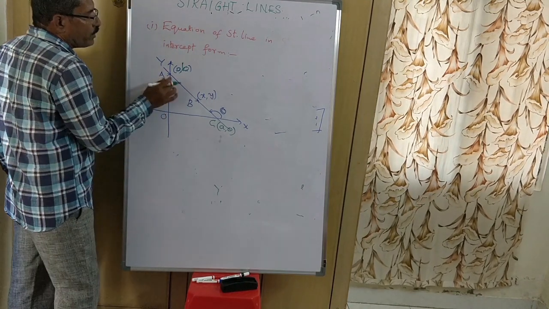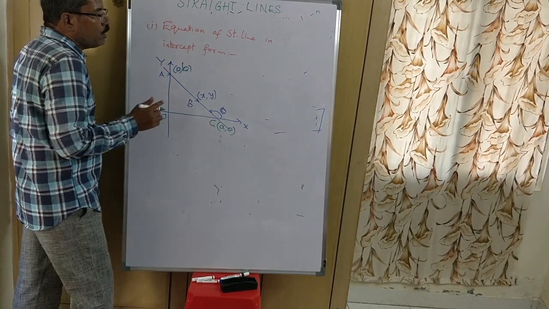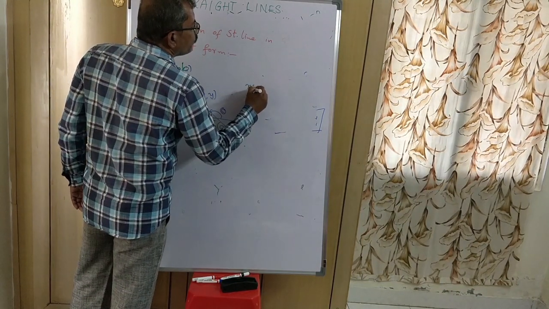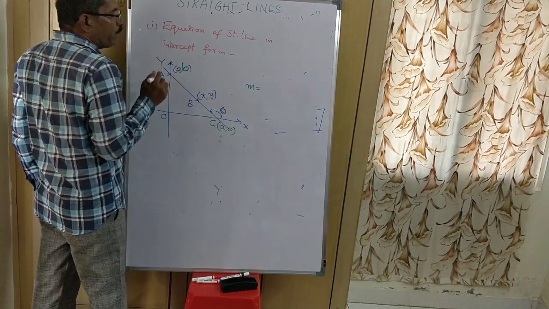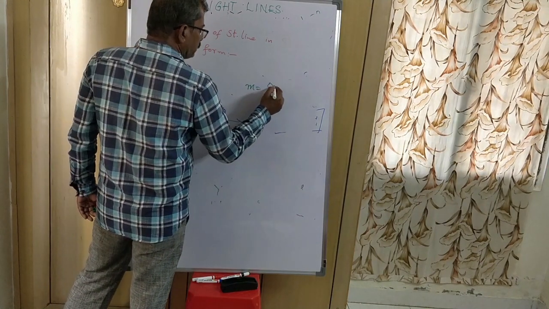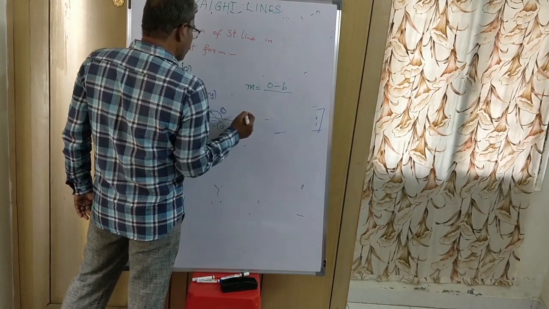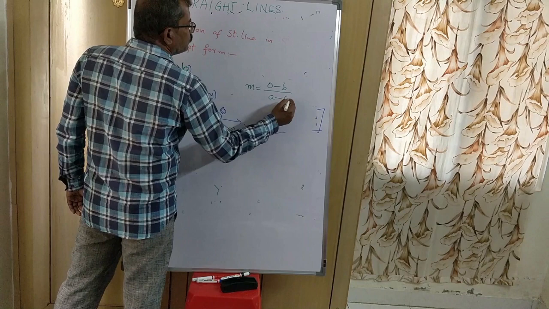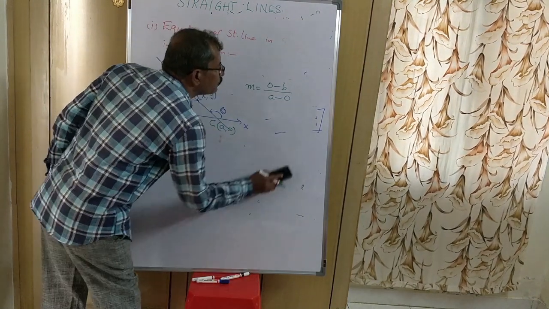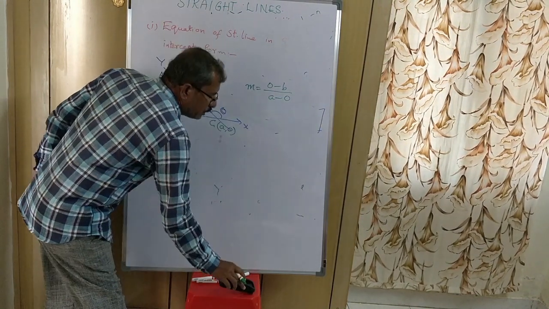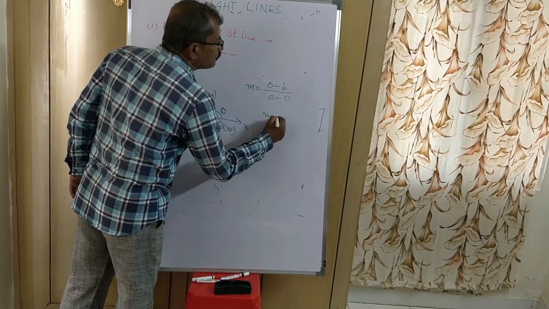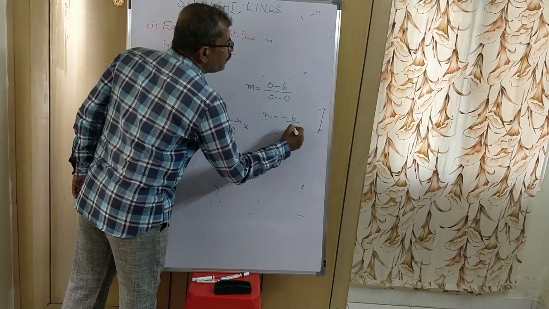Now, if I know these 2 points, my slope is what? Slope m is equal to y2 minus y1 by x2 minus x1, that means 0 minus b by a minus 0. Right? That is m is equal to minus b by a.